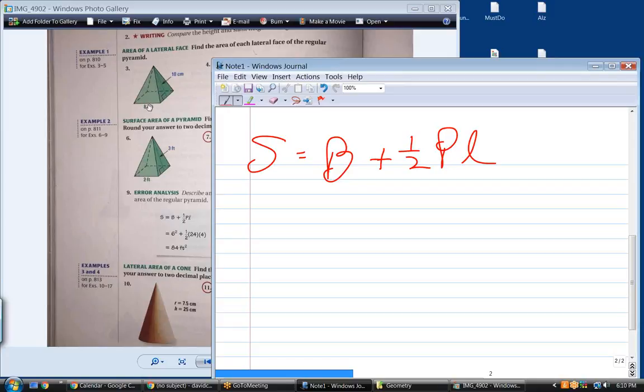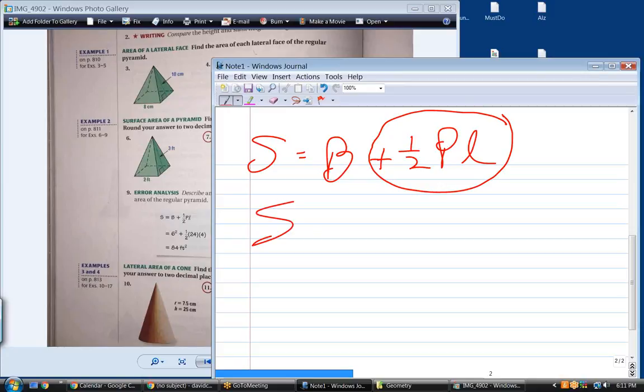No. But the base would probably be 8 times 8. But they don't ask for the base, and that's why they don't give us that measurement. So they want that measurement right there. That's the lateral surface area. Okay? So I guess we do need to know that that's a square. It's a regular pyramid, which makes it a square.